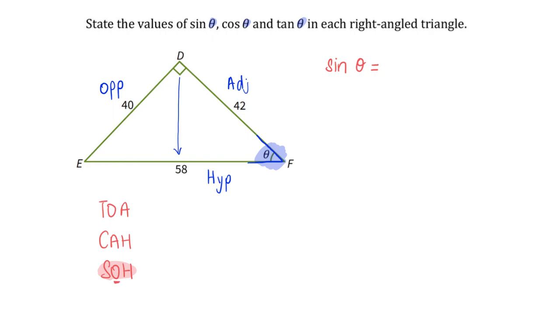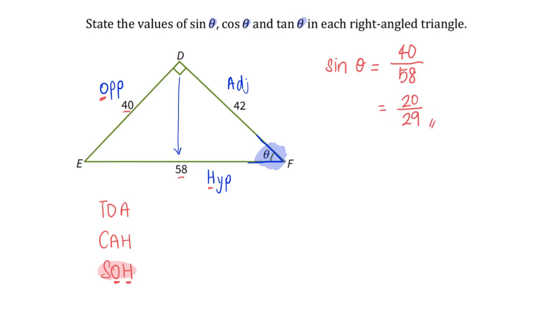The opposite side would be 40, divided by my hypo, H, so in this case is 58. And do leave your answers in the simplest form. In this case, I could continue to simplify this as 20 over 29.